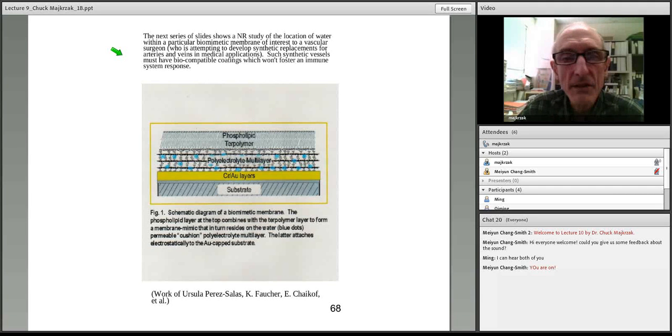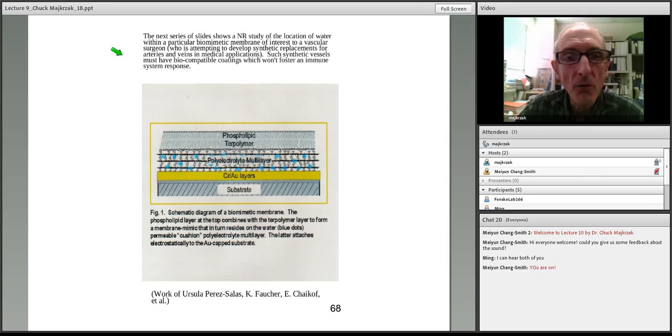And he was very interested in developing synthetic veins and arteries that can replace diseased or damaged arteries and veins in people. So it's a medical application, but it involves some fundamental research because those synthetic replacements need to be biocompatible. They need to be such that they aren't rejected by our immune systems.